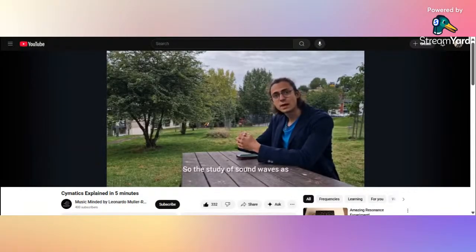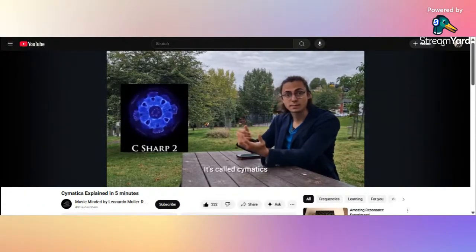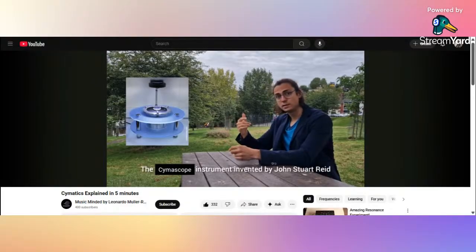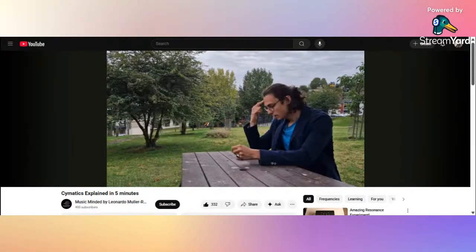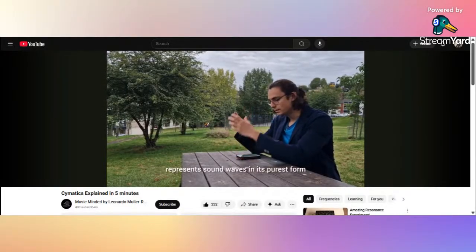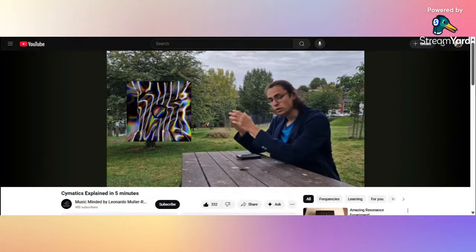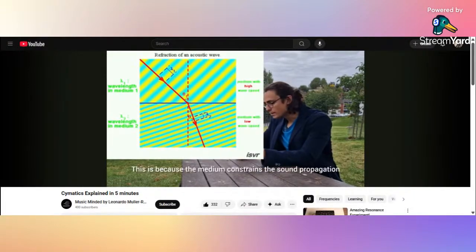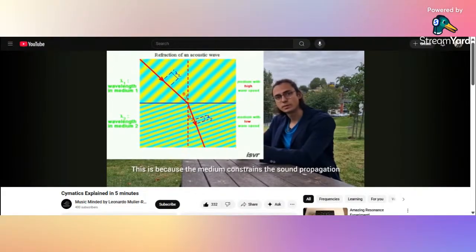So the study of sound waves as a visual phenomena is called cymatics. These cymoscope instruments, invented by John Stuart Reid, represent sound waves in its purest form, regardless of the medium it is traveling through. This is because the medium constrains the sound propagation.